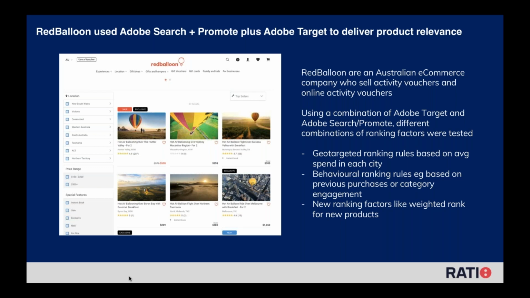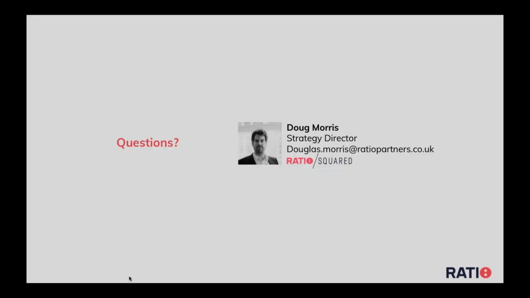And in doing so, ensure that where there were new products that would be popular, we got them to the top a lot faster. So those are some of the ways in which we have seen Adobe Target be used very effectively from the point of view of personalization out there in the market.